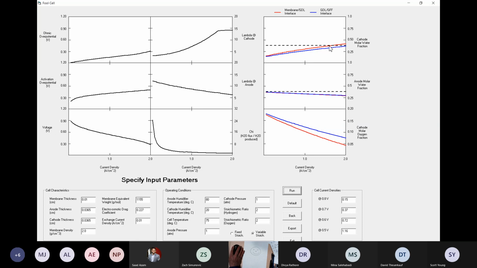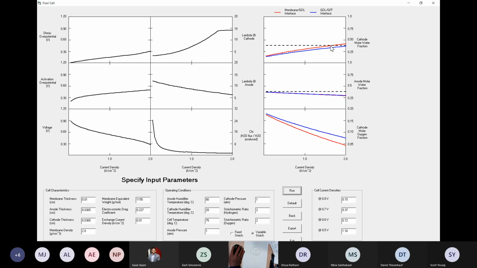And then there's these red lines and blue lines. This tells you the mole fraction of water in the gas stream at the membrane gas diffusion layer interface. So that's where the catalyst is. That's in red. And then also at the gas diffusion layer flow field interface, which is in blue.